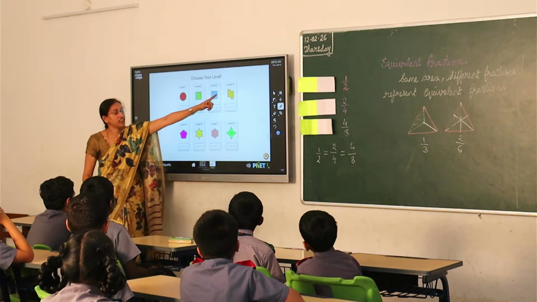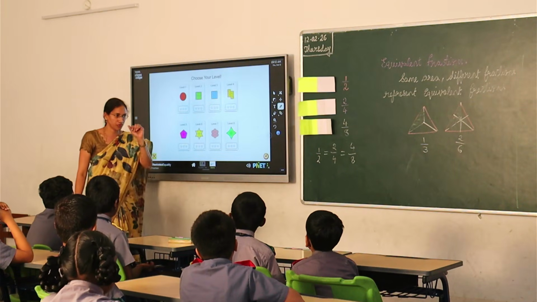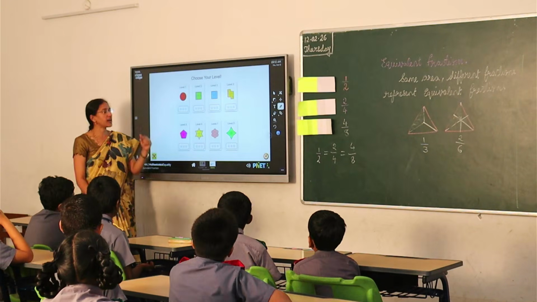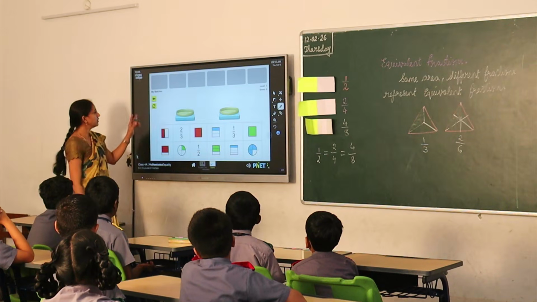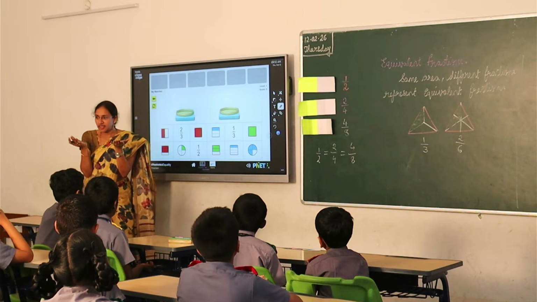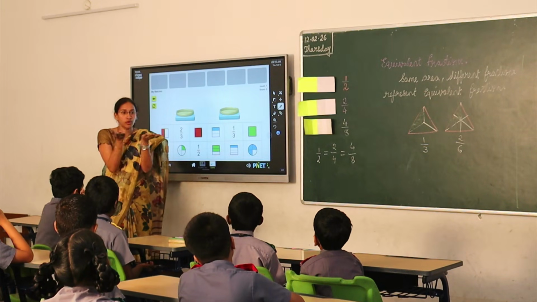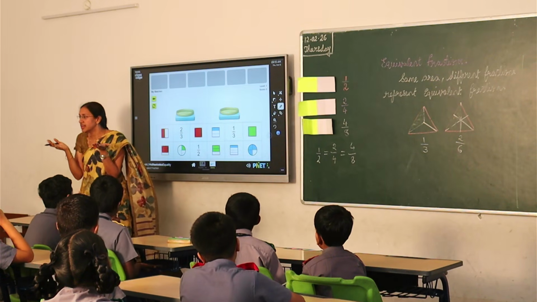Here, there are different levels to play the fraction equality game. We'll start with level 1 for today. Okay. Here, these both are weighing pans. See, the weighing pans will look similar when the weights on both the pans are equal.